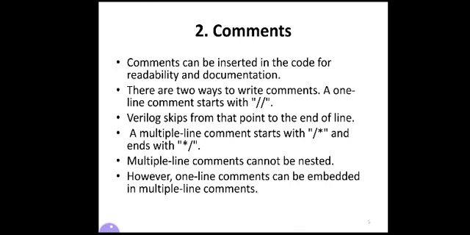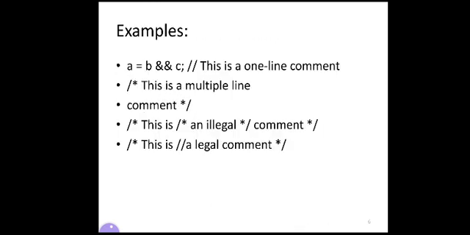That is, nesting of comments is not allowed, but a one line comment can be nested. That means within a multiple line comment, anywhere in between you can use a single line comment. So the examples are shown here.